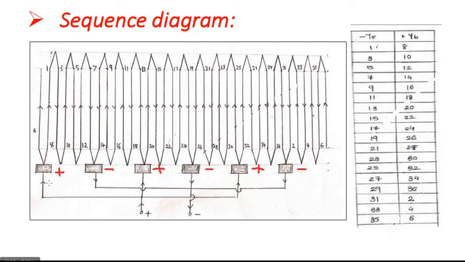Then connect all the positive brushes like this, and all the negatives with each other like this, and give one common terminal for positive and negative. So this is the sequence diagram for our problem.